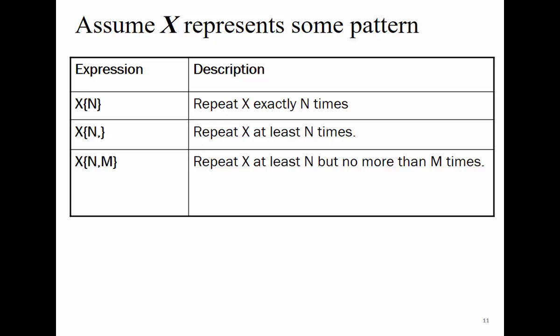So we can do that. We can use curly braces and put n inside them, and by that we say I need to search for the pattern exactly n times. Some people say okay, at least n. So we just add a comma to it. You put the curly braces, n and a comma, indicating you need at least n times.